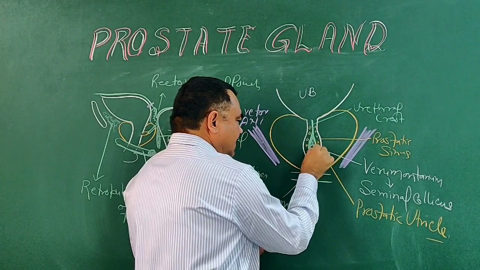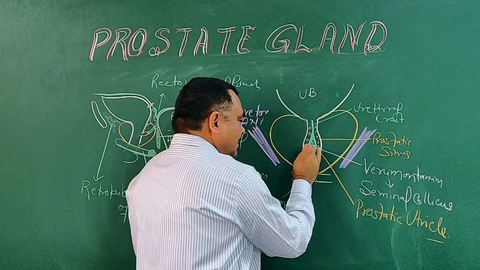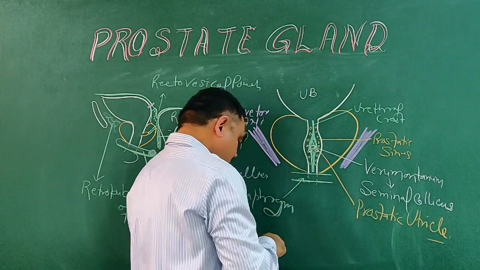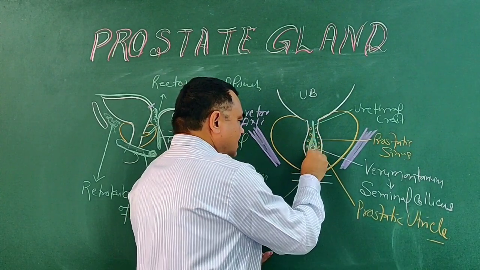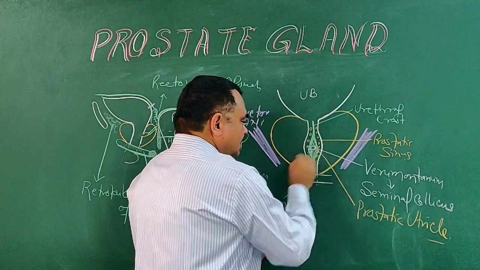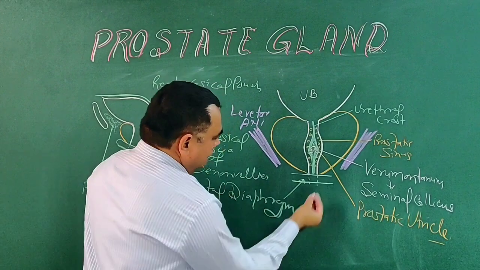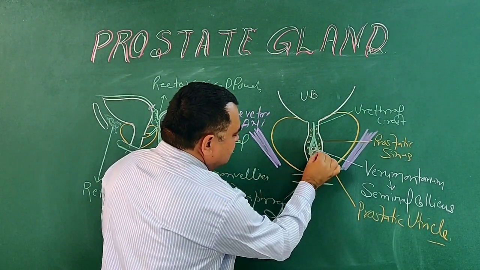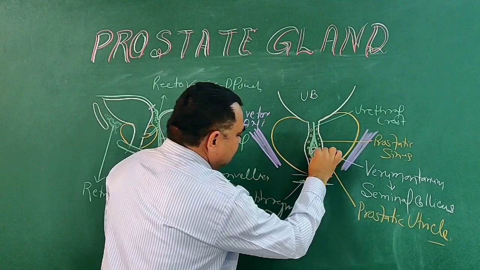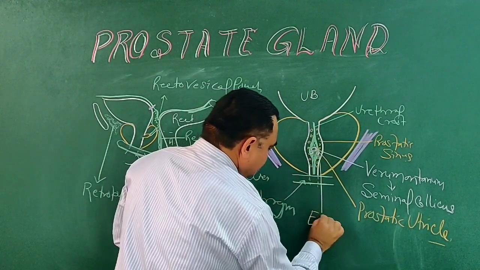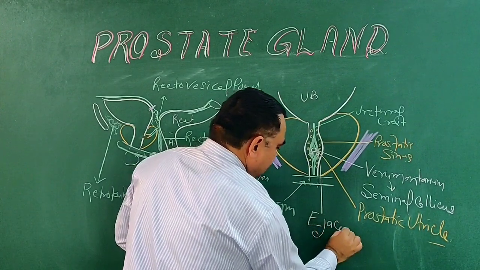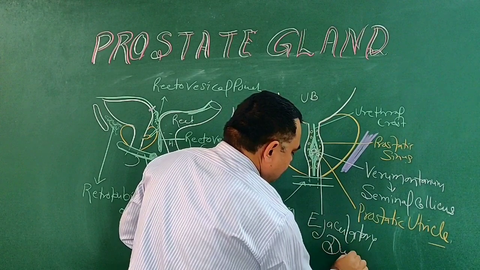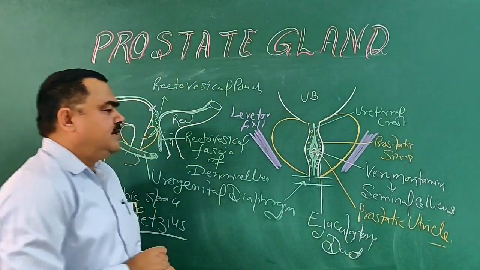So lateral to this, there are two more openings. These are the ejaculatory ducts.